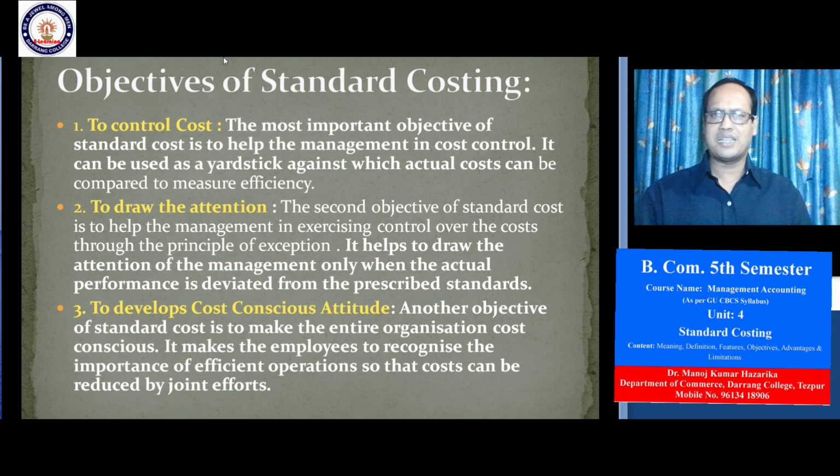Another objective of standard cost is to help the management in exercising control over the cost through the principle of exception. It helps to draw the attention of management only when the actual performance deviates from the prescribed standards.